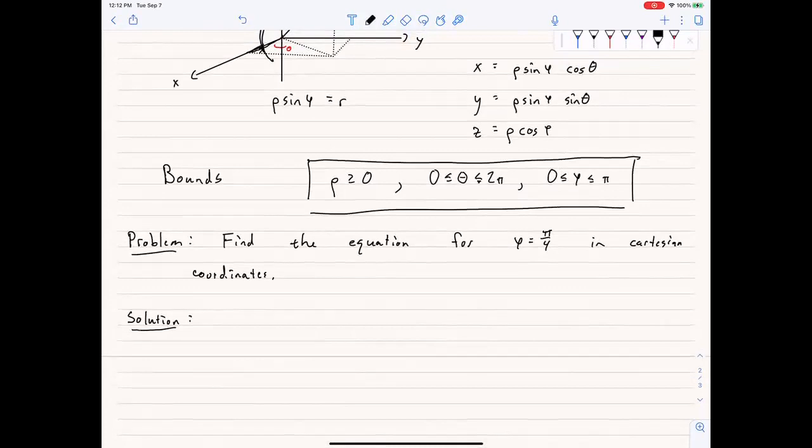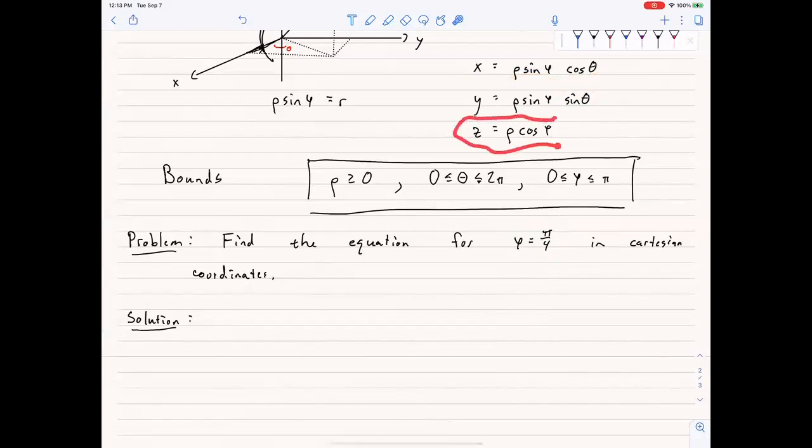Why? Well, we can observe this formula here. If I see the equation phi equaling pi over 4, I'm going to look for some change of coordinates that has as few of the other variables as possible. Here I've got a theta. Theta is not determined here, which means theta can be anything between 0 and 2 pi. So these equations don't appeal to me right away because they involve theta.